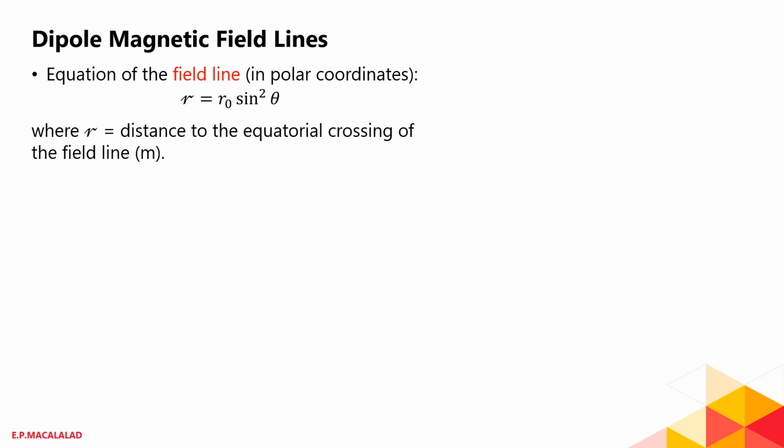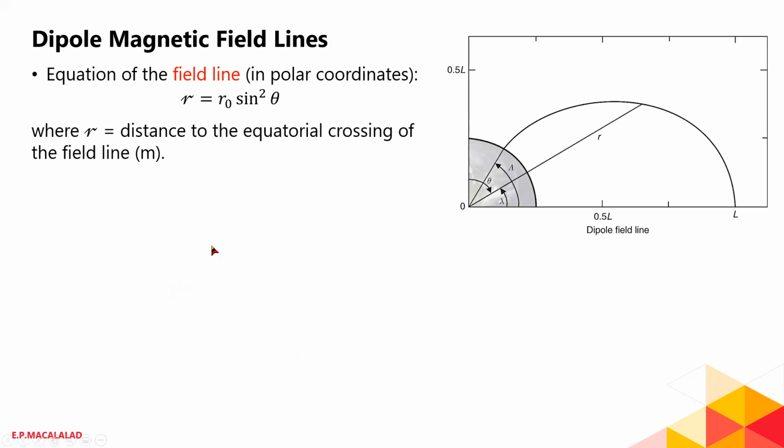The equation of magnetic field lines in polar coordinates is very simple: r equals R naught sine squared theta, where R naught is the distance to the equator crossing of the field line in meters.